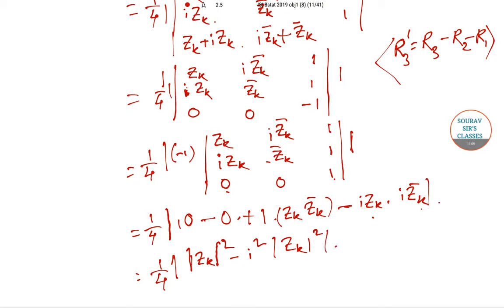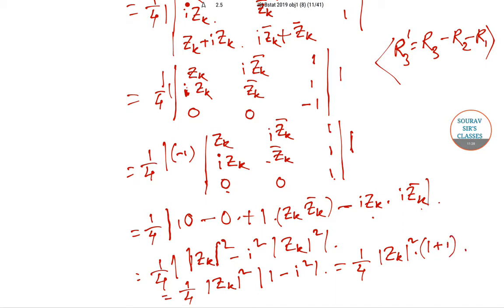Now taking mod zk square common, 1/4 modulus of zk square times modulus of 1 minus i square, equal to 1/4 mod zk square times 1 plus 1, as i square is minus 1.